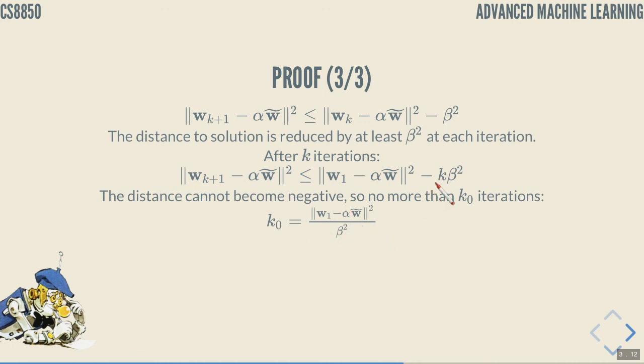If you plug k0 in, you'll get 0, right? So we bounded, we know how many iterations this algorithm will make in order for our W to get to a solution W within a 0 distance.